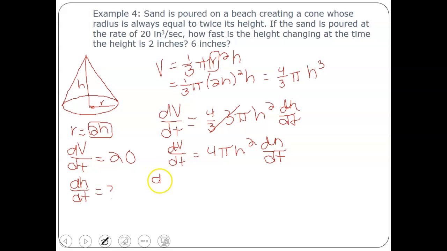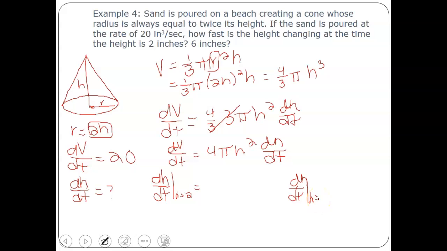And we want to know dh/dt at the instant when h is 2, and when h is 6.